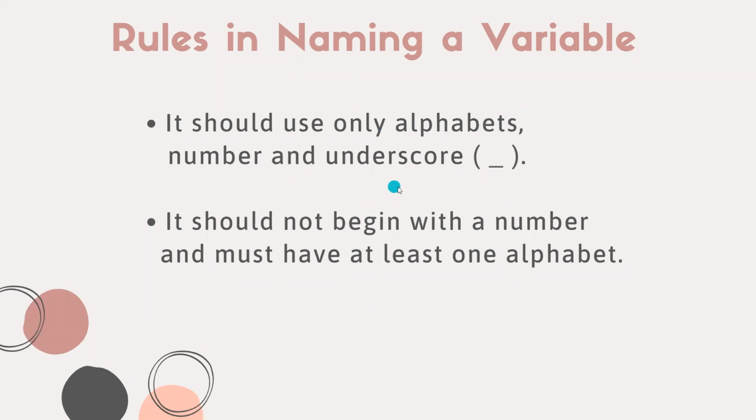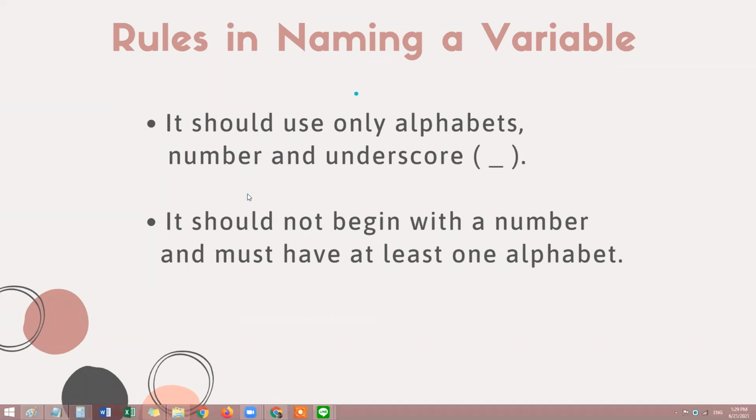So that's fine. The next rule is it should not begin with a number and must have at least one alphabet. So for example, I have one first name. Is it acceptable? Is it a valid name for a variable?